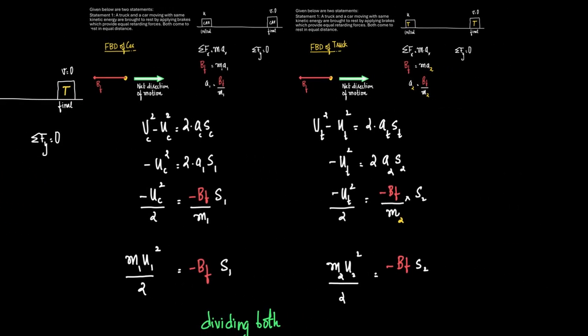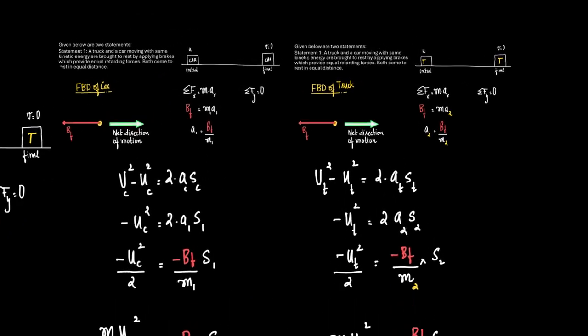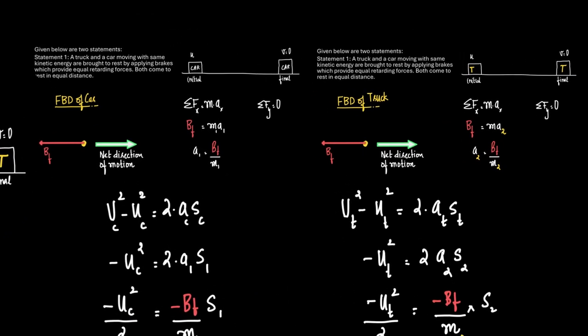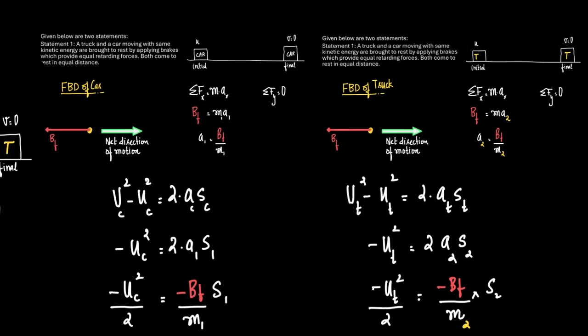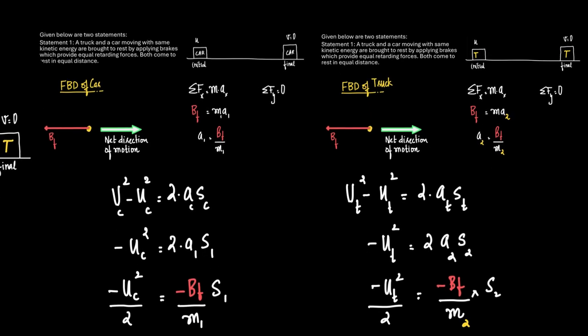Now what we'll do is we'll bring these two concepts together, and what do we get by that? So from the car, we found out that A1 is equal to minus Bf by M1. And A2 is equal to minus Bf by M2, right?